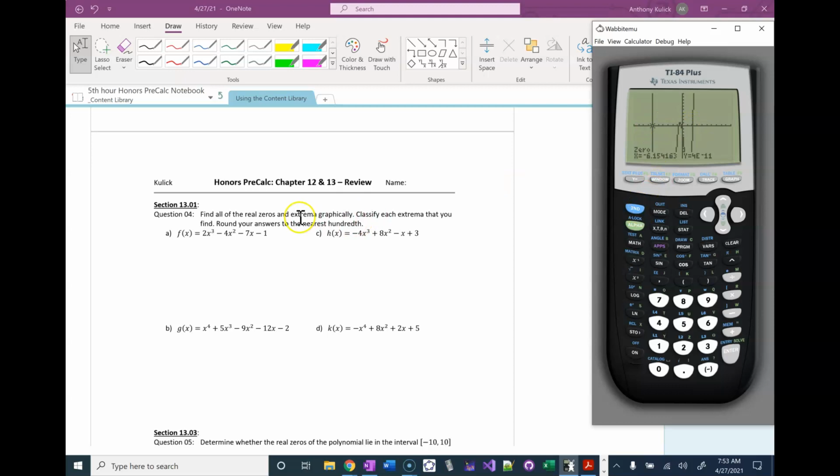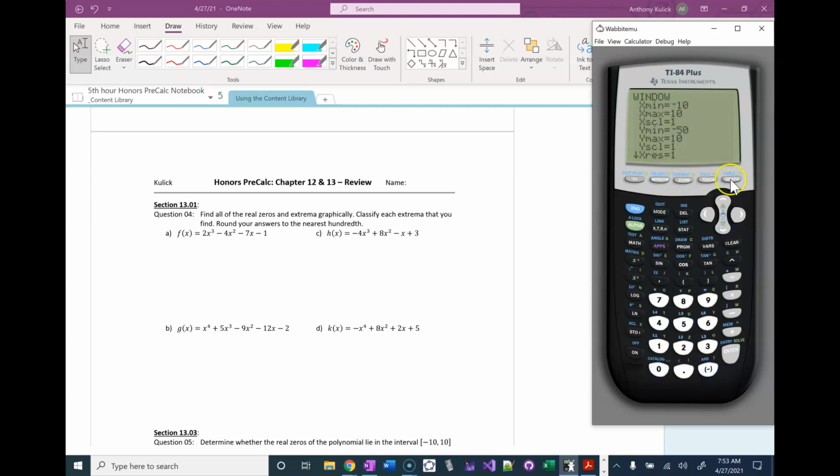To find the extrema, we use the max and min commands from that same menu, but we have to be able to see the max and min. Right here is our local maximum, but we can't see what's going on down here with the minimum, so I'm going to extend the y values down.